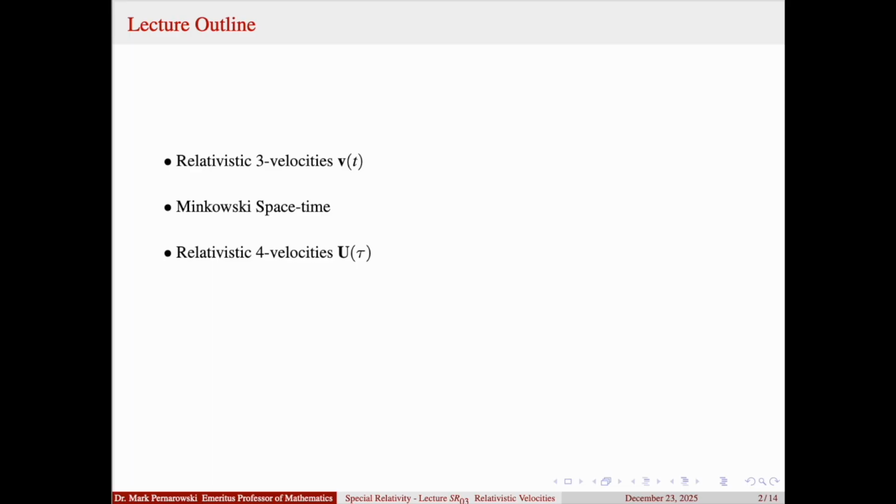What is momentum in 4 space? What is angular momentum, for that matter, or anything else? Anything in physics that we know has to be extended into this 4 space regime. So let's get down to it. Let's talk about relativistic three velocities first.